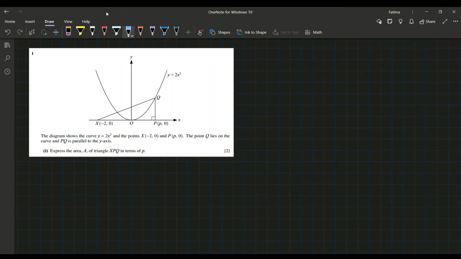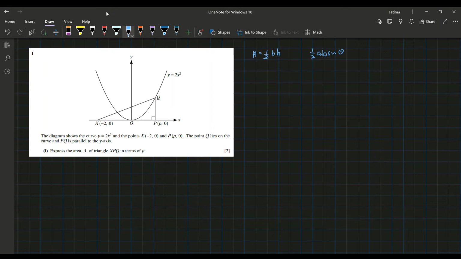So the formula for area of a triangle is half into base into height, or half ab sin theta. But there's no point doing the second one because there is no angle we have to work with. Unless you do want to try and find the angle using trigonometry, but that's unnecessary.